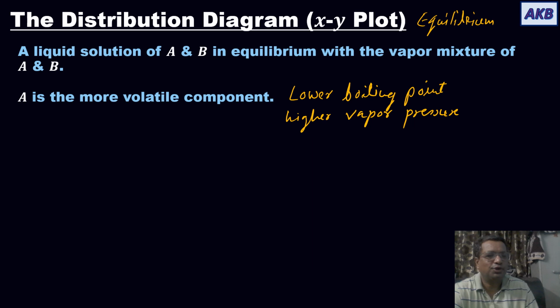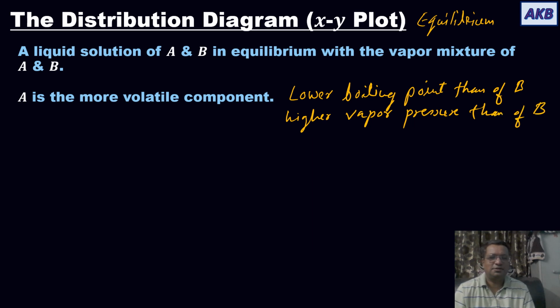Lower boiling point than that of B and higher vapor pressure than that of B. Okay, so in that way A is the more volatile component.